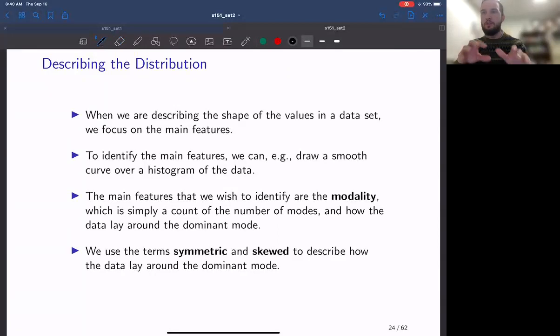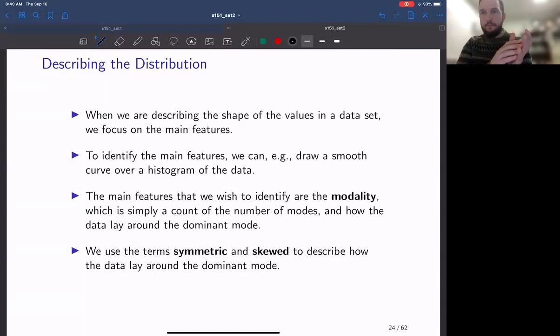So the distribution of the data set simply means shape of the data, which even simpler we can just think of as shape of the histogram. Now, what does it mean to have shape? When we talk about shape, we're going to talk about 2 points: modality and skewness or symmetry.